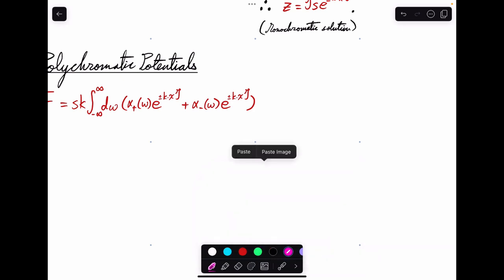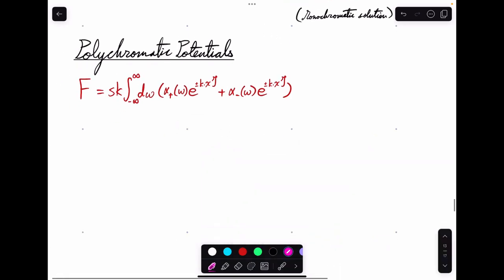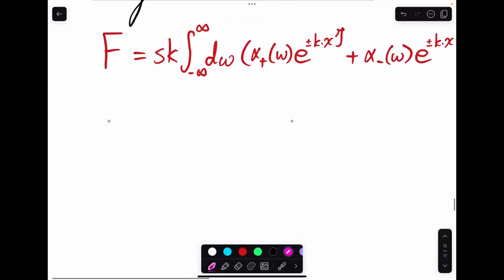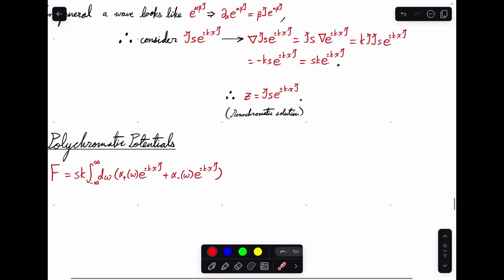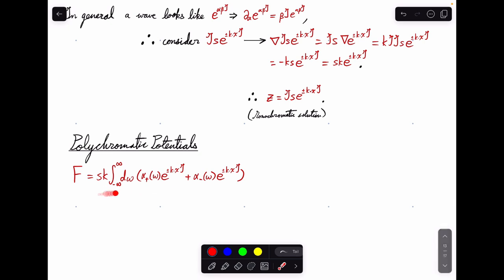Well, we know that SK is equal, or actually, no, we don't even need that. I don't even need to give that. It's going to be the same thing here. We know that when we take the derivative with the gradient, so the derivative with respect to space, then it's only going to affect these, and it's going to do a similar thing here.